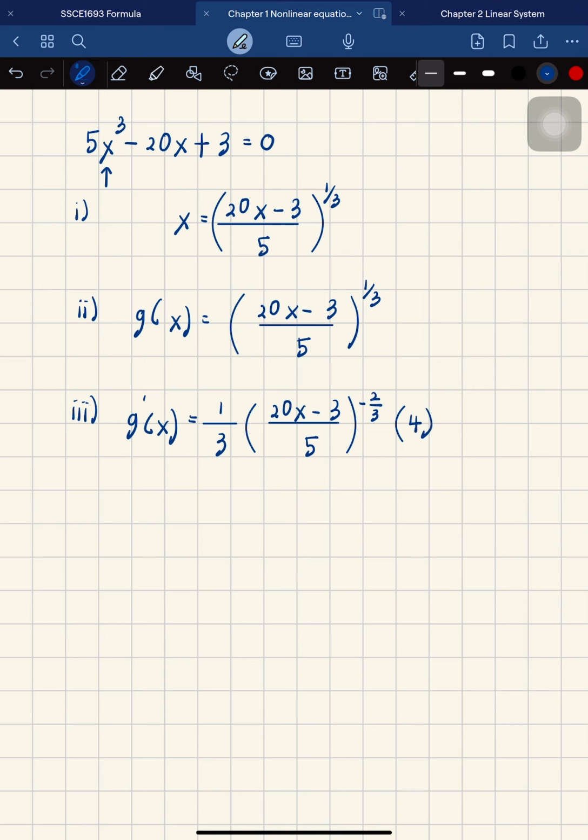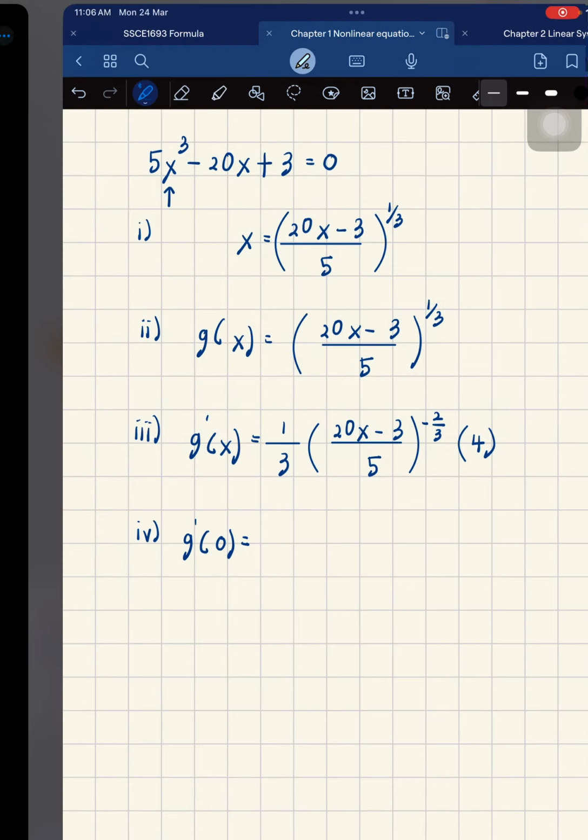Now you substitute your x naught 0, so your answer will be 4 over 3 times (0 minus 3 over 5) with the power of negative 2 over 3.